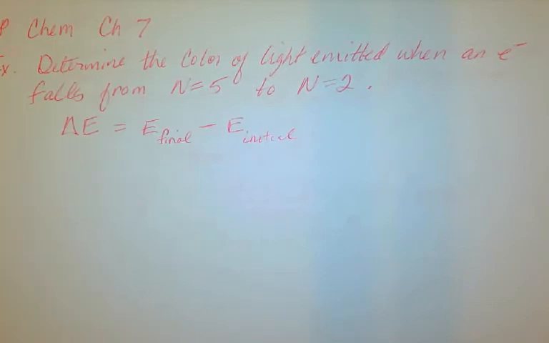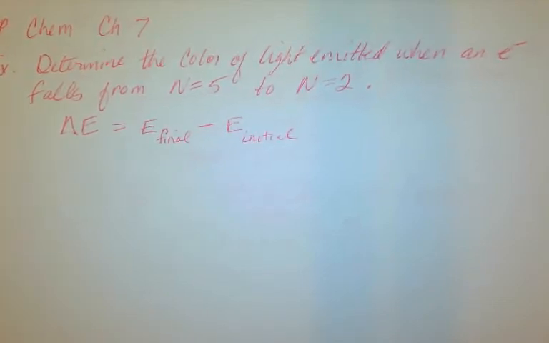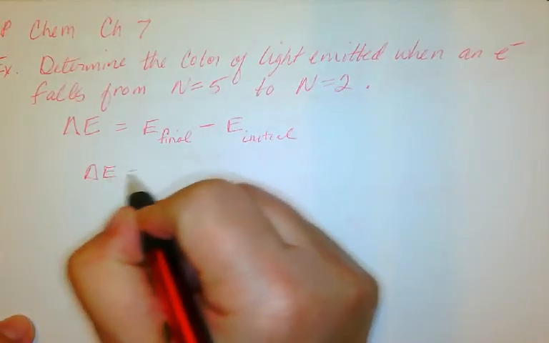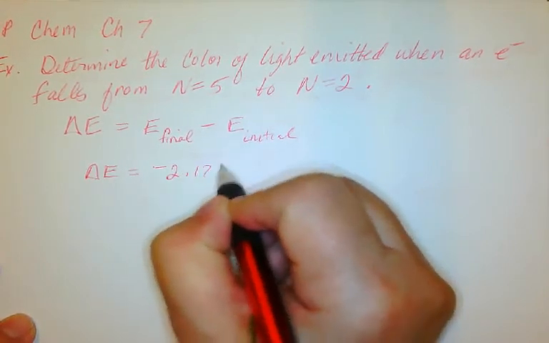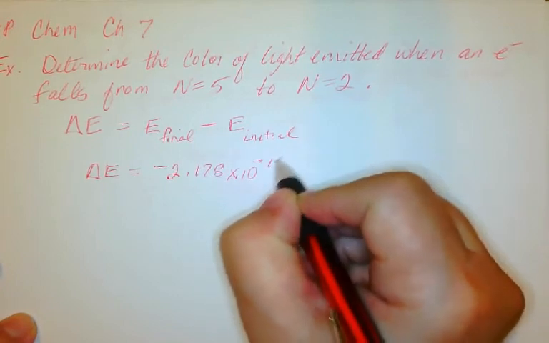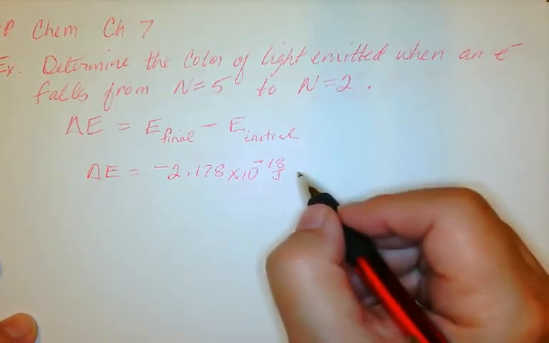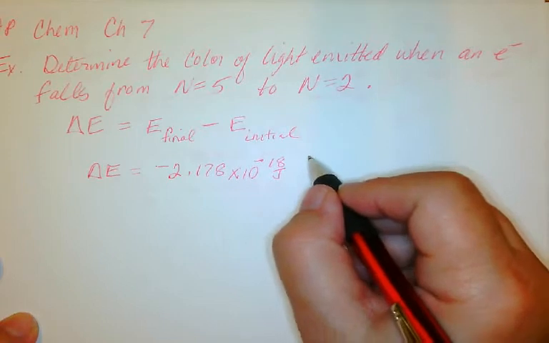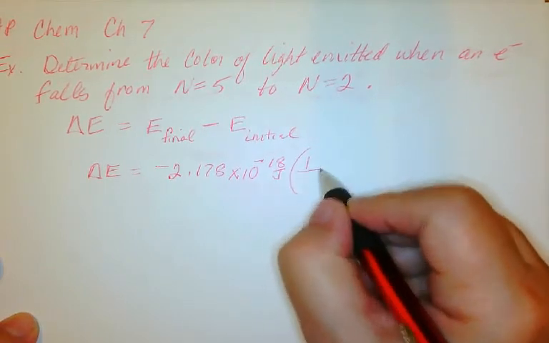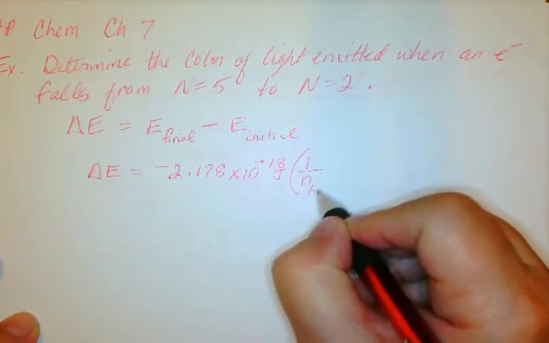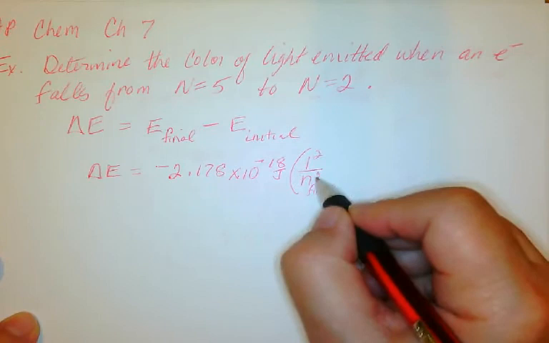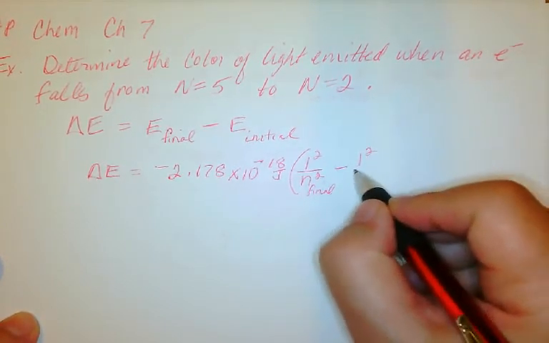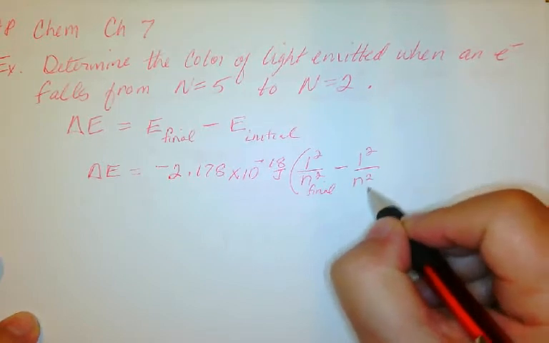Okay, so you will have noticed in your notes an equation that looks like delta E equals negative 2.178 times 10 to the negative 18th joules of energy, times 1 over n final squared minus 1 over n initial squared.